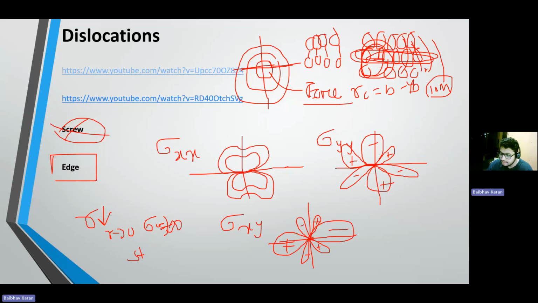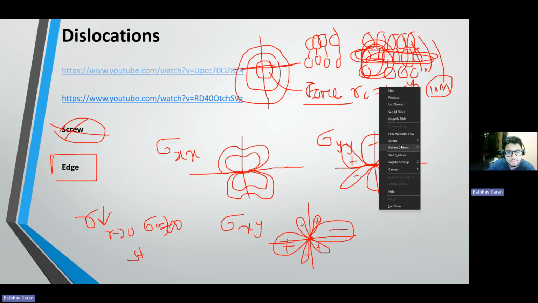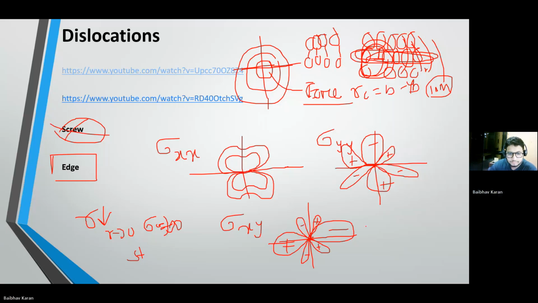The elastic energy stored around these dislocations is given by the formula E total equals. There are two things to remember. As I told you earlier, there is a core of the dislocation, which is just a 1 nanometer radius around the dislocation.